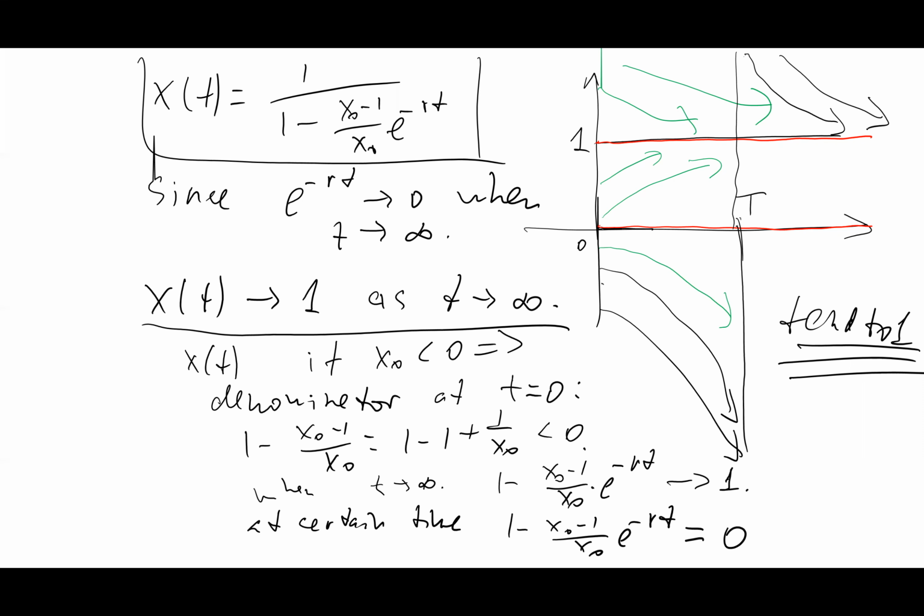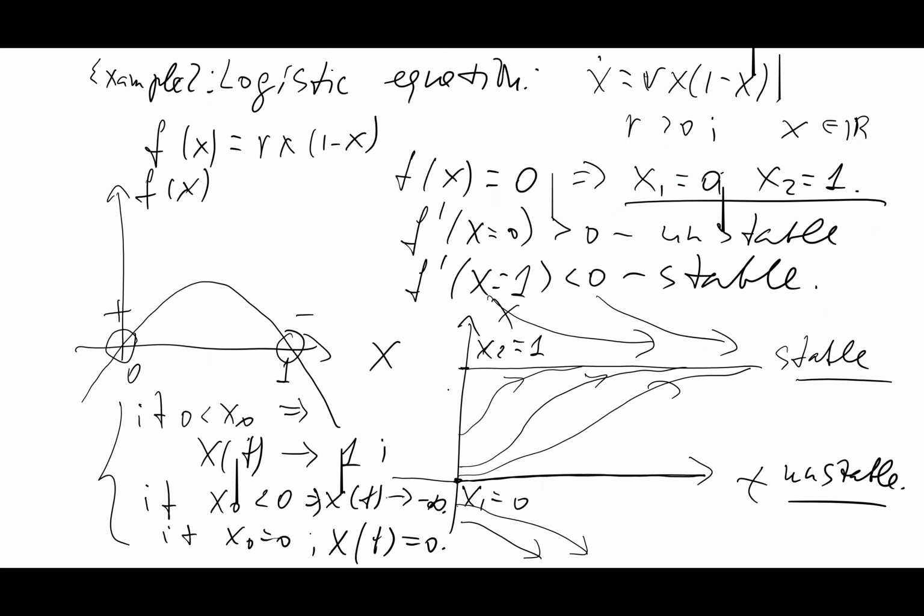So there is a kind of complication with the solution of the logistic map, which is not seen by our qualitative analysis. In qualitative analysis, we just saw this: here it tends to minus infinity, here it tends to 1, and here it tends to 1.